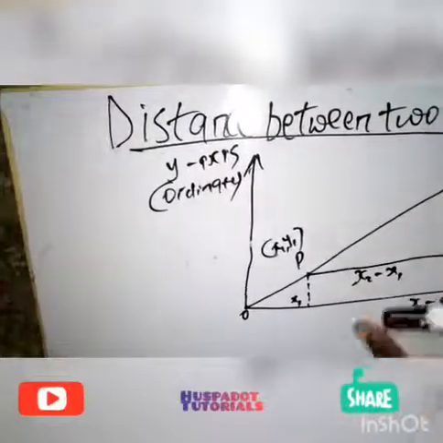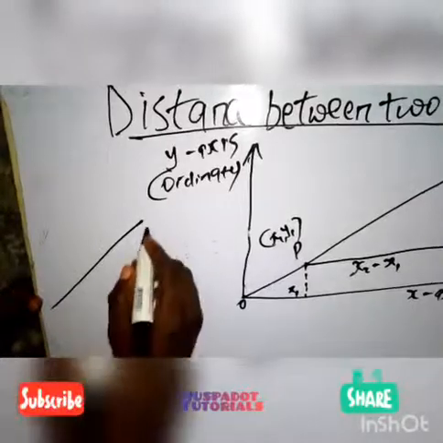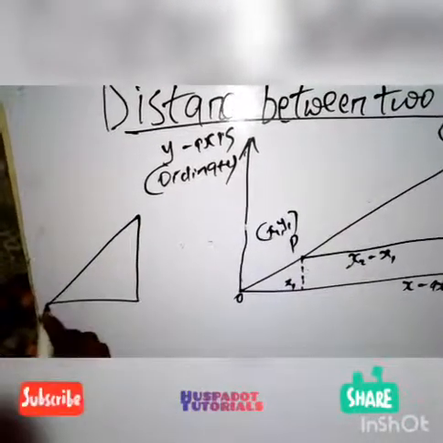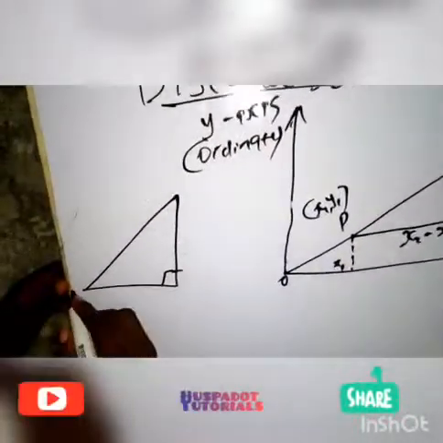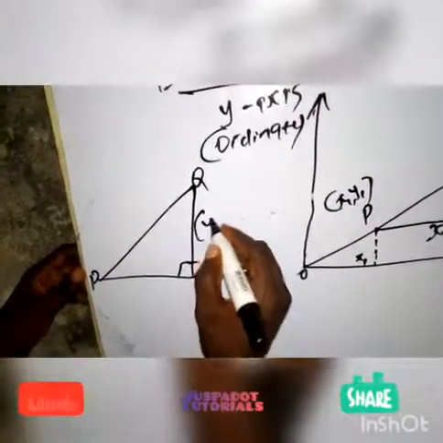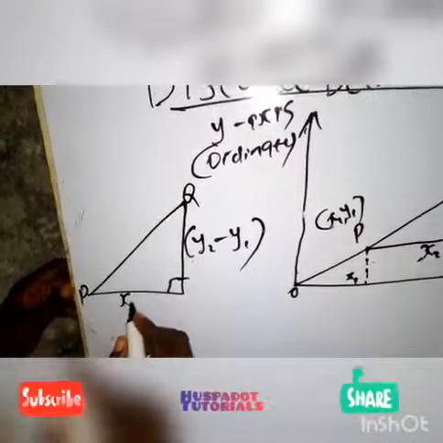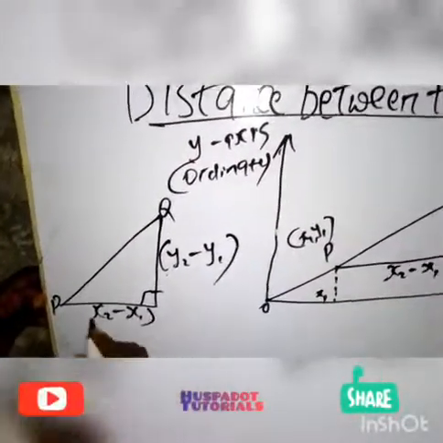By bringing out the triangle, we get a right angle triangle. This is our P, this is our Q, this is y2 minus y1, x2 minus x1.